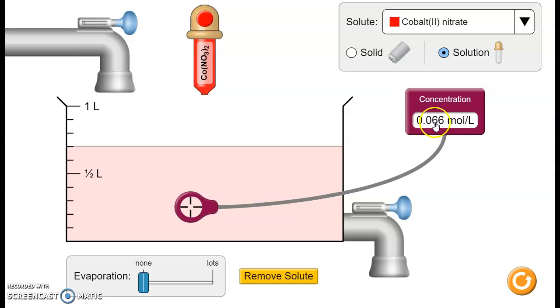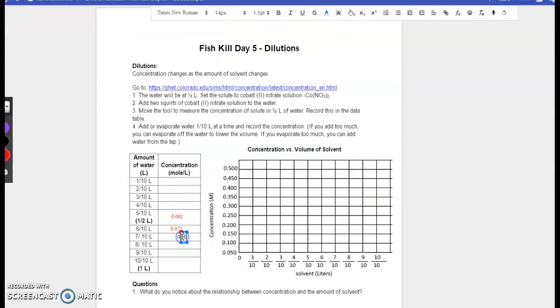So 0.066. So make sure you record them correctly. There's a decimal here, 0.066. That's for 7/10. And that's molar, that's concentration. So think about what is happening to the concentration as we are adding more water to it. Is the concentration increasing or decreasing?